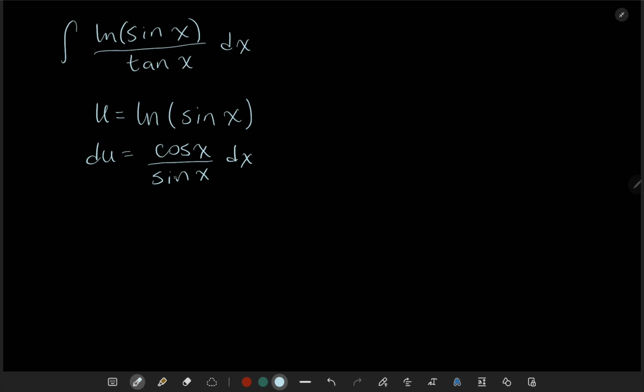So what you could do is multiply by sine of x on both sides, divide by cosine of x, and you're going to have that sine x over cosine x du is equal to dx. But sine of x over cosine of x is also known as the tangent.